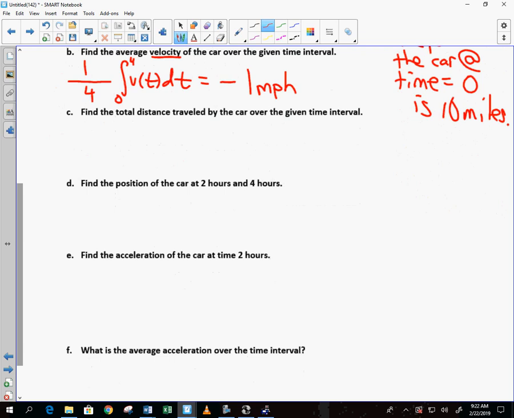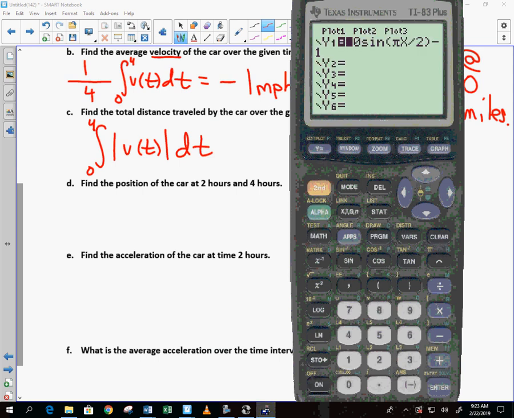Find the total distance traveled by the car over the given time interval. Do you remember how distance is different than displacement? Exactly. So we would do the integral from 0 to 4 of the absolute value of v of t dt. Are we okay with that? So now I'm going to go to my calculator and I'm going to insert catalog absolute value.